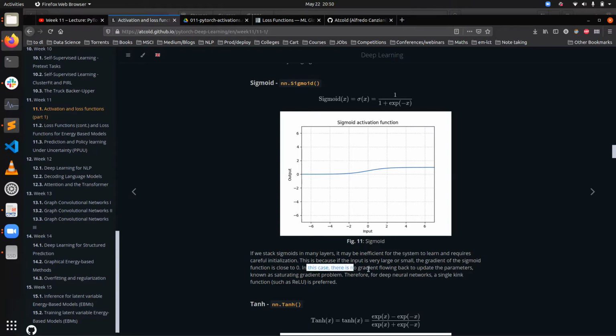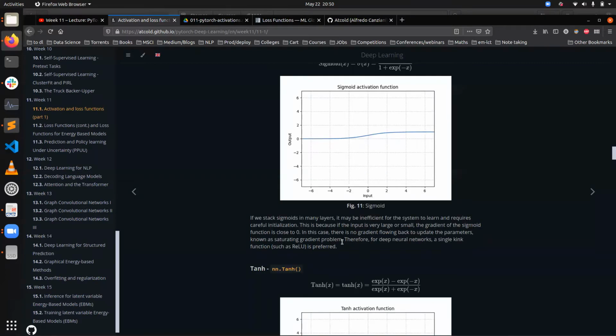There is no gradient flowing back to update the parameters. So this is saturating gradient. I think it's also called vanishing gradient. This is an important point: for deep neural networks, a single kink function such as ReLU is preferred, because the gradient flows better.